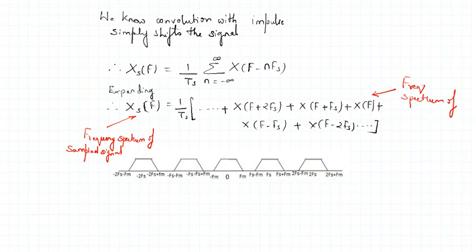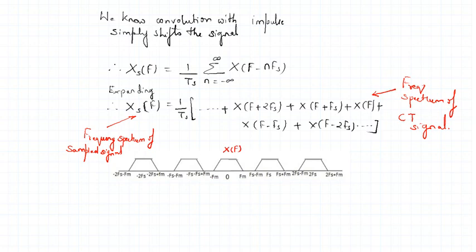We are now looking at the analysis of the frequency spectrum of the sampled signal. So the frequency spectrum of the sampled signal consists of one component, which is the frequency spectrum of the CT signal. Let us say this is the component. This is your X of f, the original frequency spectrum of your given CT signal.